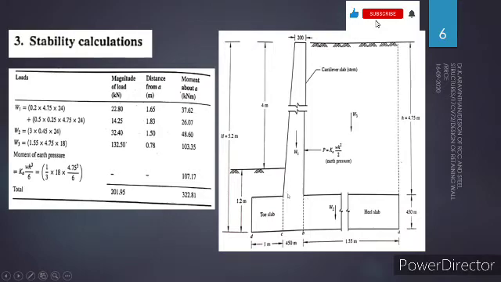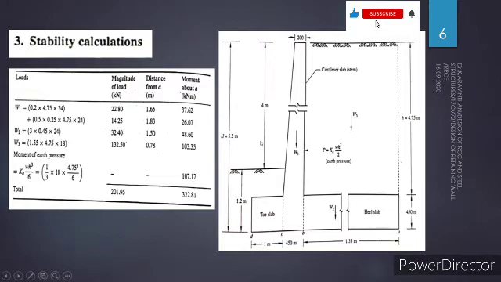If you subtract 200 mm, you will be getting the base of the triangle. First we shall consider the rectangular part, that is 0.2 into the height. Height is 4.75. So 0.2 into 4.75 multiplied by the unit weight of the concrete, you will be getting a magnitude of 22.8.